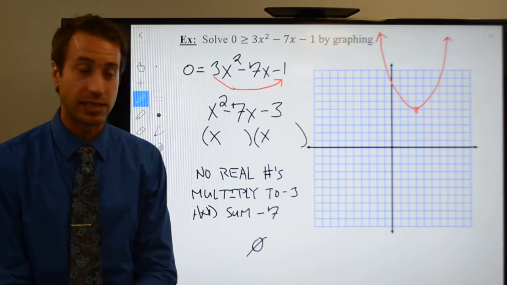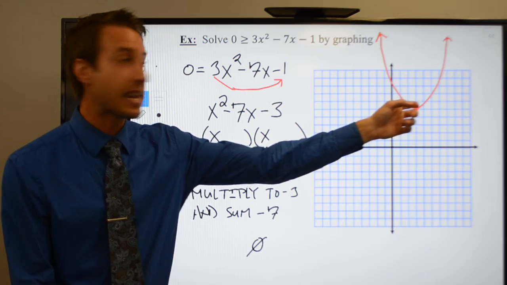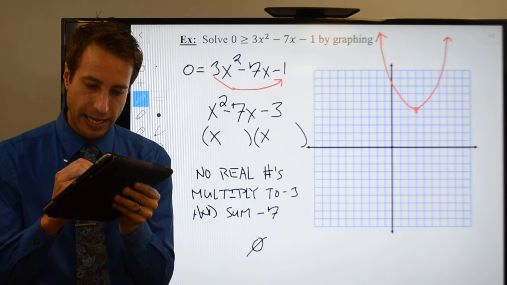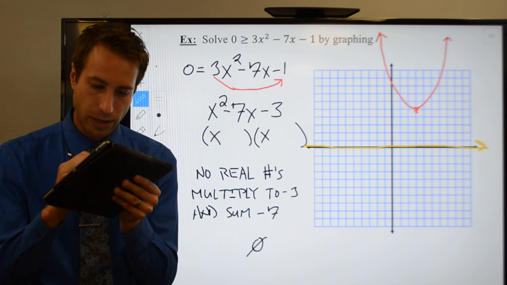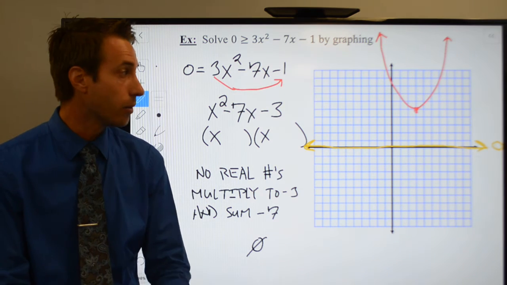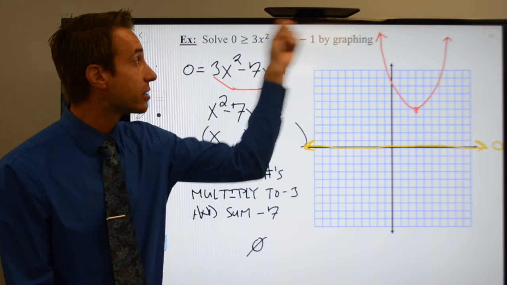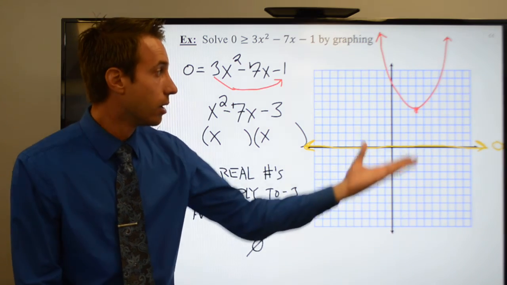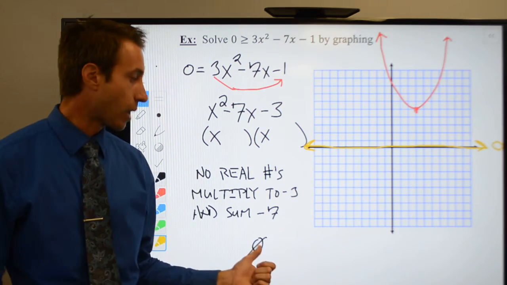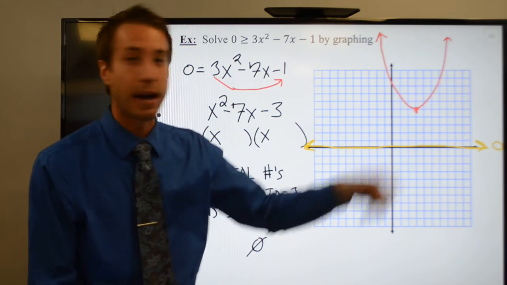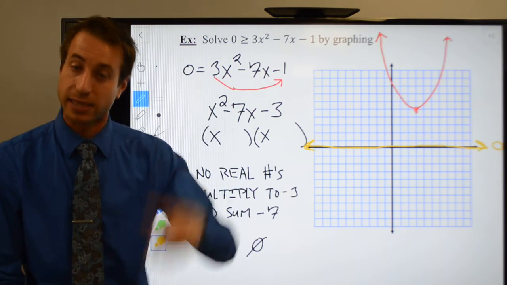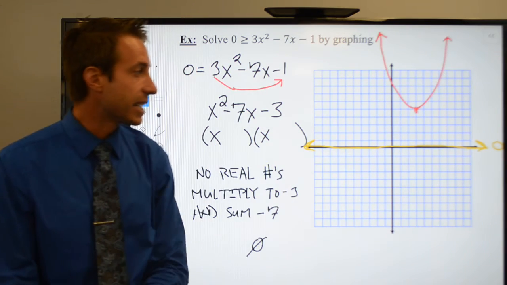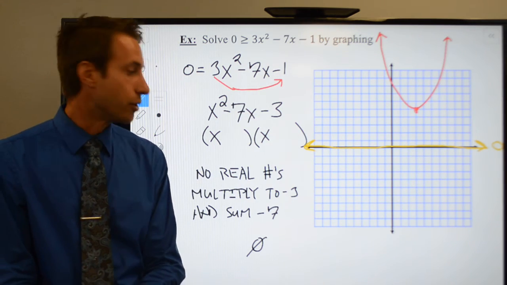Everything is greater than 0. This guy is never less than 0, because the whole thing is above. Right here is my x-axis, which represents 0. And I want to know, when is the quadratic below 0? Never. That's why it's no solution. My parabola is above the x-axis, opening upwards. It'll never be below the x-axis, so I have no solution.